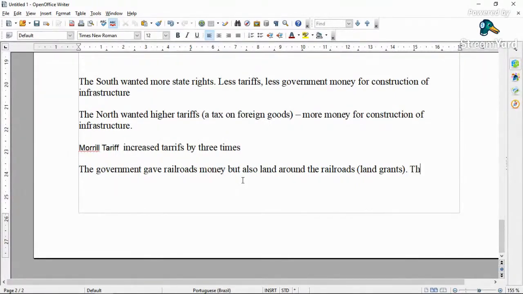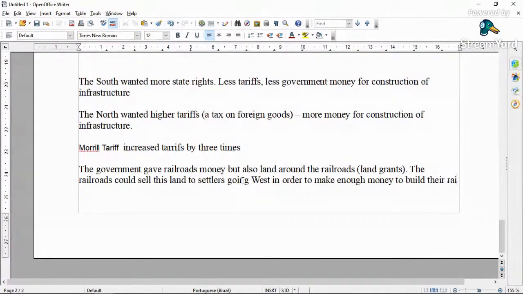The railroads could sell this land to settlers going west in order to make enough money to build their railroads. Okay, so the government gave railroads money, but also land around the railroads. The railroads could sell this land to the settlers going west in order to make money to build their railroads.